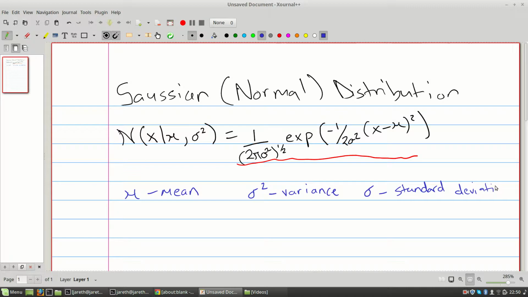We also have something else which is not shown in this formula, but you can substitute it. We represent it by beta, which is equal to 1 over sigma squared, and we call this the precision.